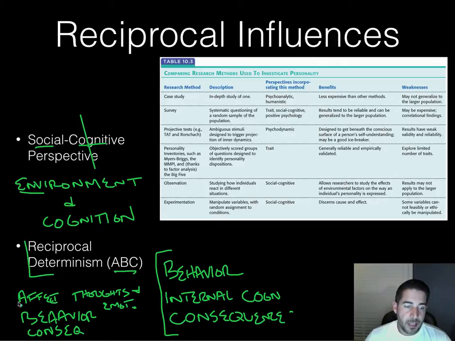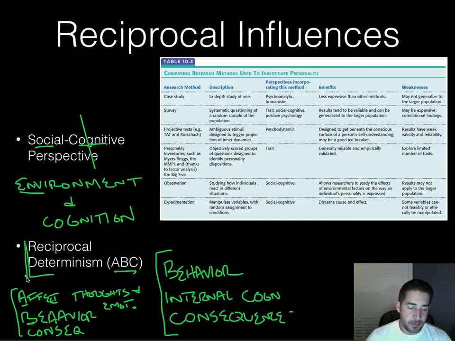So the ABCs: affect, which is your thoughts or emotions; B, your behavior; C, consequences. So reciprocal determinism is how your thoughts and emotions interact with your behavior and the consequences of them. All right, so this is reciprocal determinism. Remember the ABCs: affect, behavior, consequences.